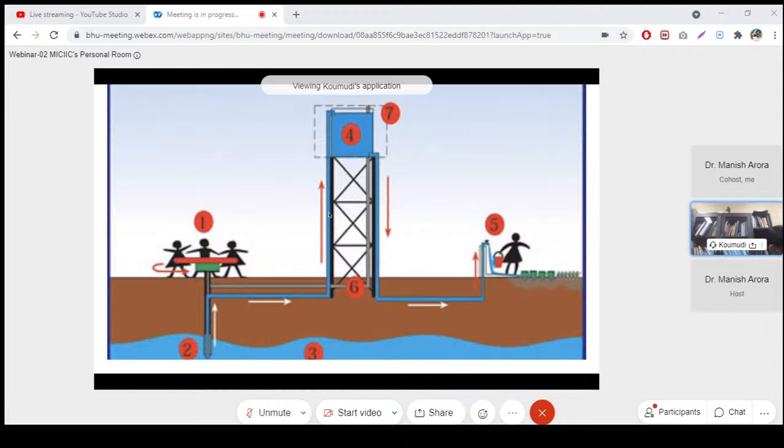I'm only referring to those that are related to users. The primary drivers of this technology were children. Children were expected to play continuously on the merry-go-round to pump water. But as we all know, children don't play on the merry-go-round all the time, on all the days.